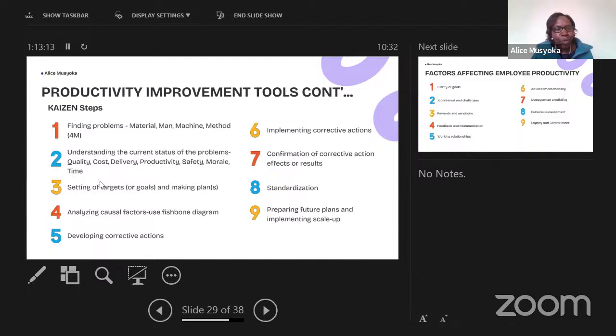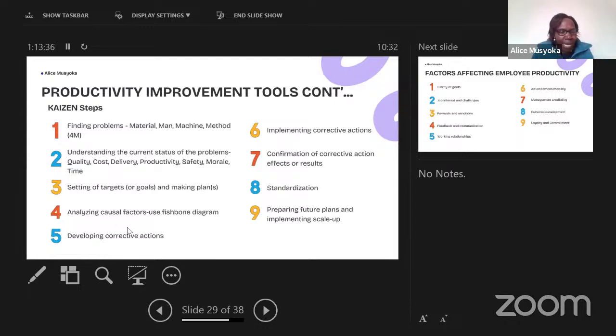Morale is here because we are also looking at man. Man is the people, the employees. Number 3, we set targets or goals. That is where we make plans on how we are going to improve, because it's all about continual improvement.